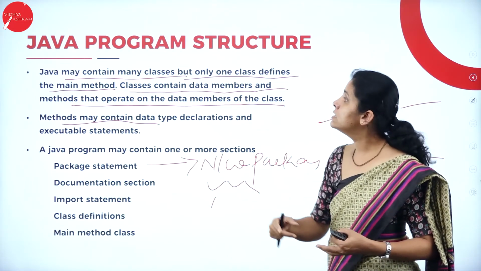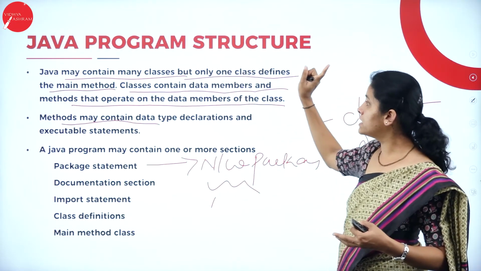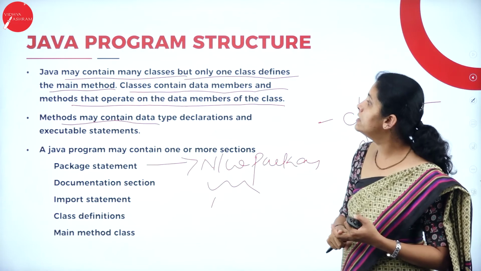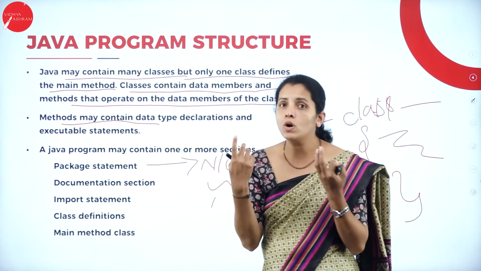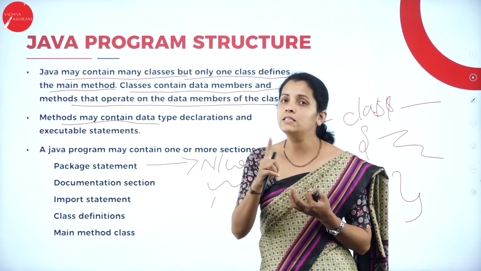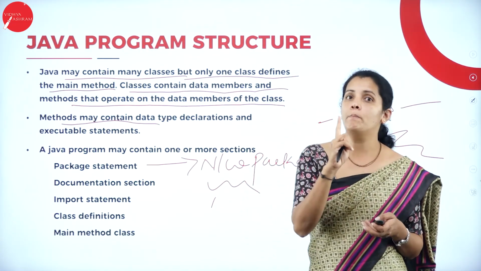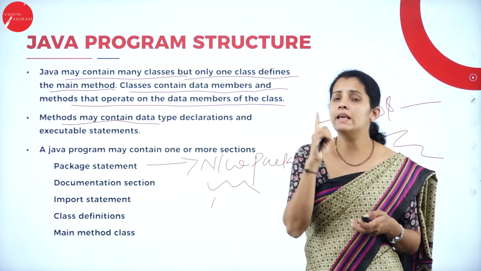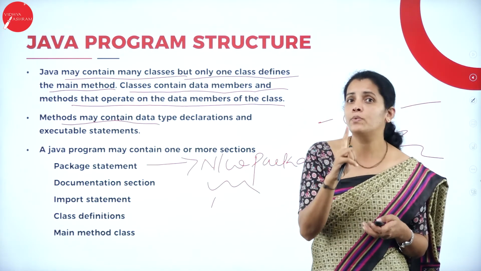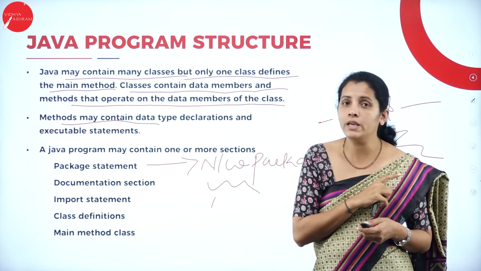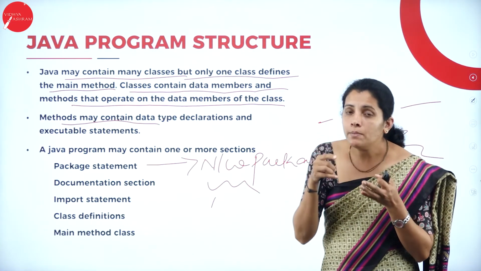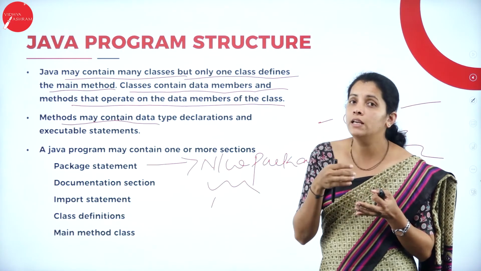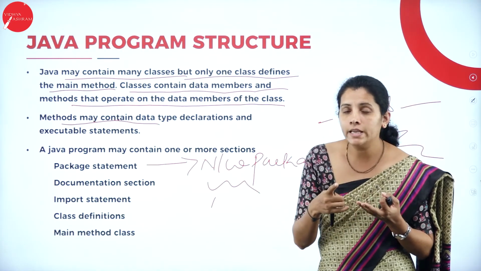So what is the Java program structure? A Java program may include one or more classes, but it must include only one main program, and the execution of all the programs starts from the main class. So dear student, in today's session, we learned what is JDK.